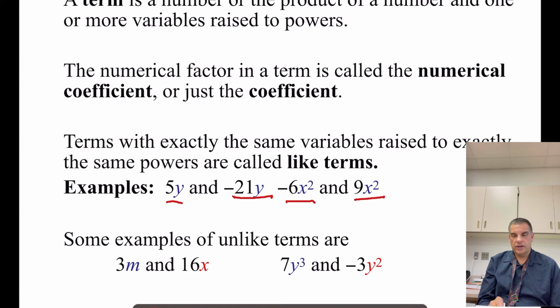Negative 6x squared and 9x squared both have x squared as your variable, so they are like terms. If they don't have the same variable, like 3m and 16x, they are unlike terms. And 3y cubed and 3y squared, though they're both y's, don't have the same exponent. So these are unlike terms.